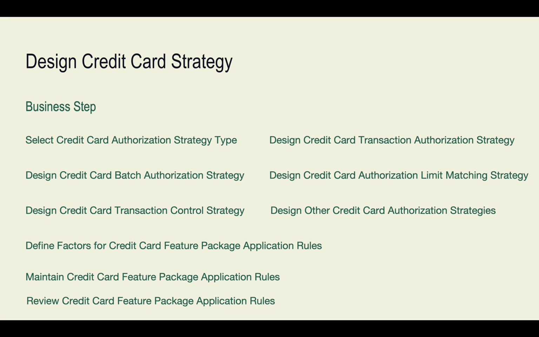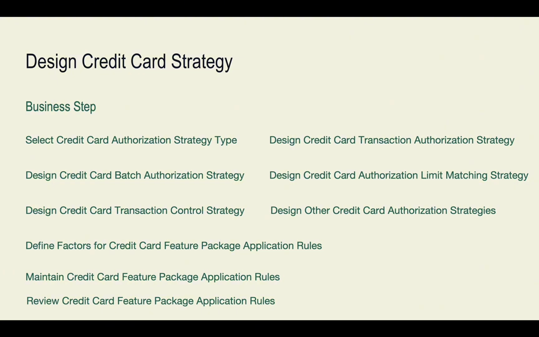At the same time, we also design credit card batch authorization strategy, focusing on how to handle batch transactions. For authorization limits, we'll design credit card authorization limit matching strategy to make sure each transaction's limit is properly matched to the customer's credit level.